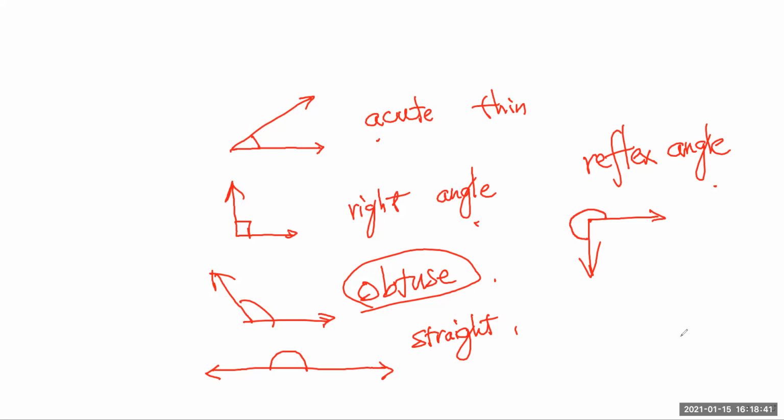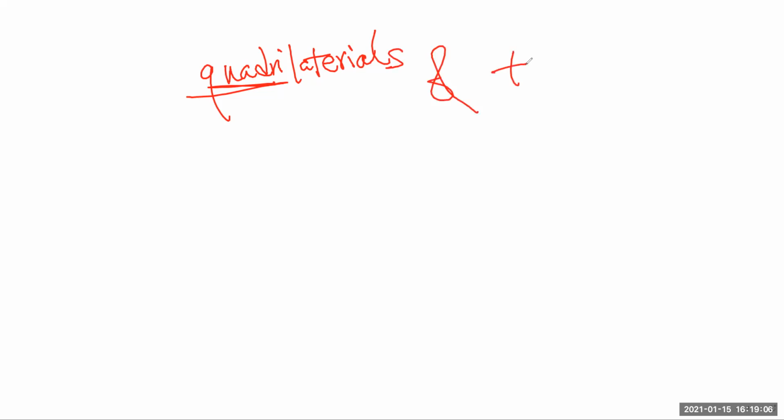Okay, very good. So now we're going to look at some basic shapes. The two basic shapes are quadrilaterals and triangles. Quad means four, and lateral just means a line, a side. Quadrilaterals are anything with four sides.